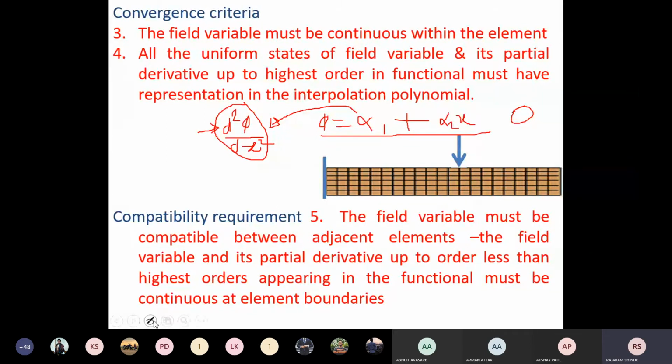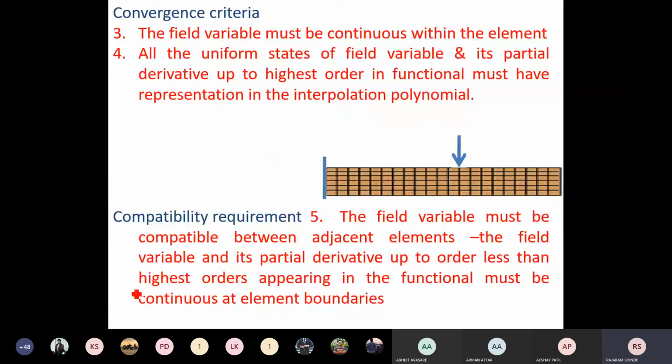Compatibility requirement is related to the assembly of the elements. Now see here, the field variable must be represented compatibly between the adjacent elements. Means if we consider one element, and if we consider the second element like this, the interpolation polynomial of this element and the interpolation polynomial of this element should be compatible.